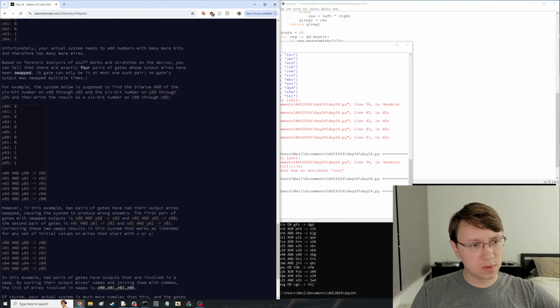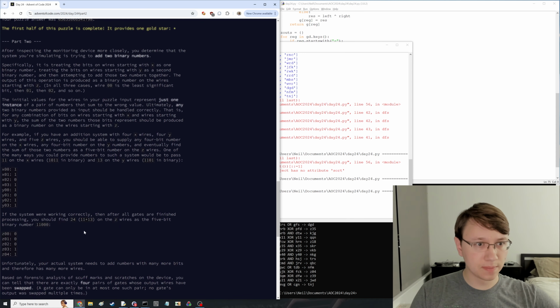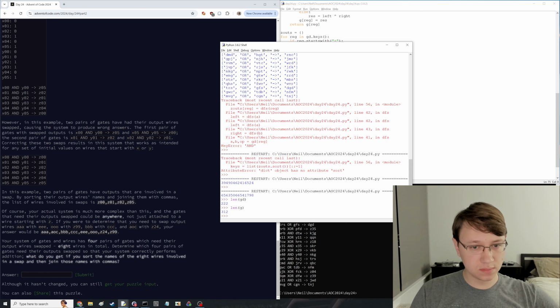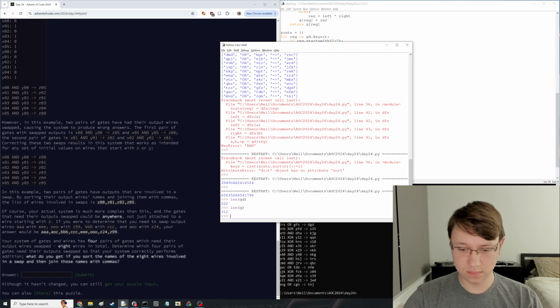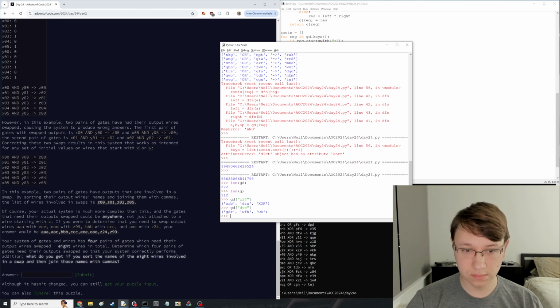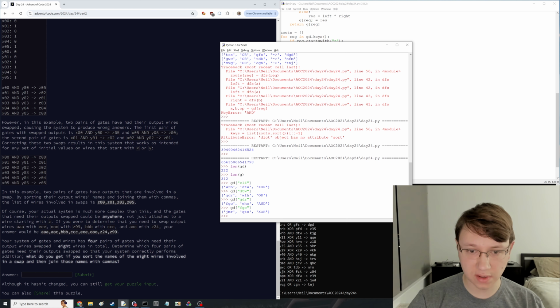Okay, so oh, well, this one's finding a bitwise and. Ours is an adder, right? Let's just look at it. How deep is this circuit?